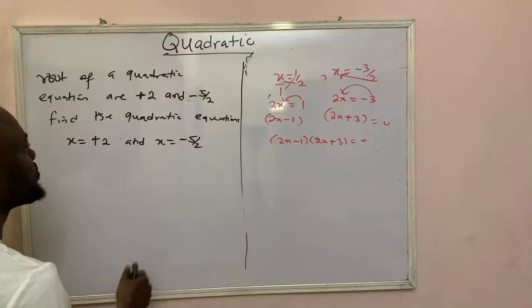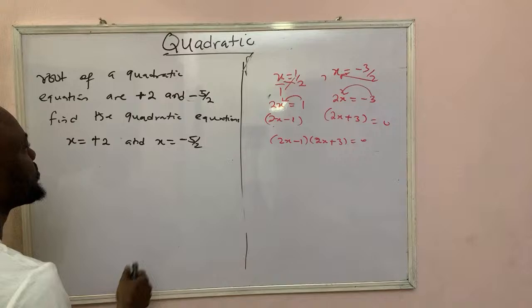Now, if you open up the bracket, x multiplied by everything, minus 2 multiplied by everything in the bracket. So we have x into bracket 2x plus 5, minus 2 into bracket 2x plus 5 equals 0. So x times 2x will give me 2x squared. x times plus 5 will give me plus 5x.